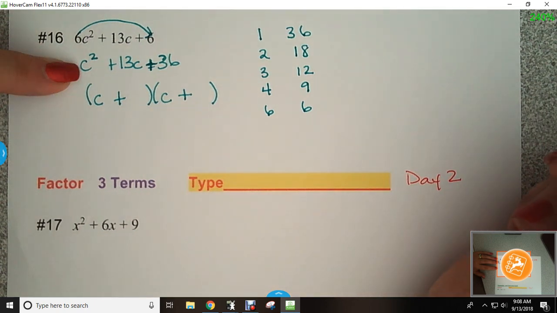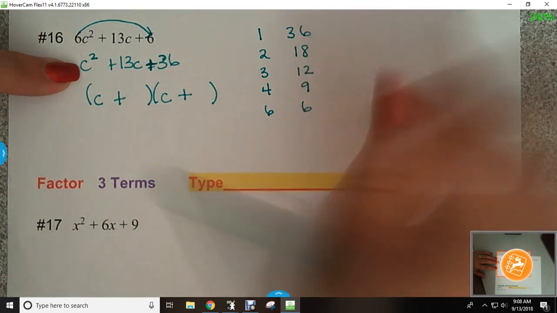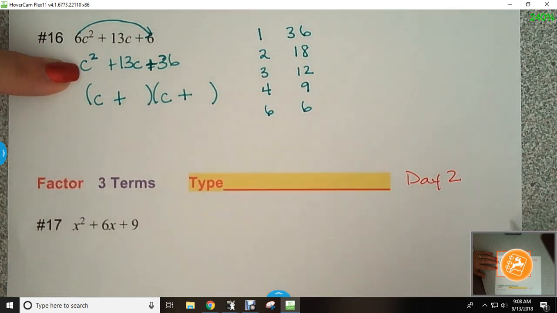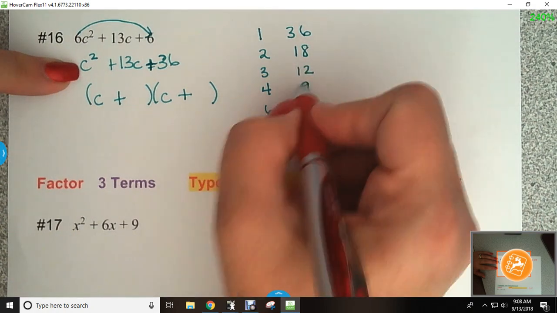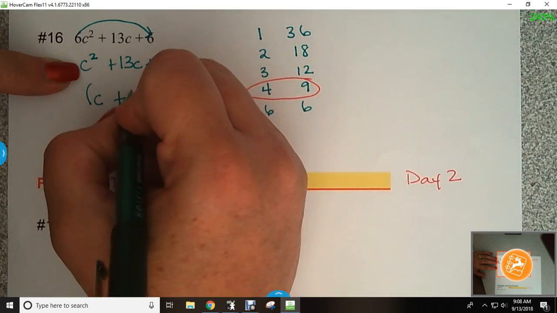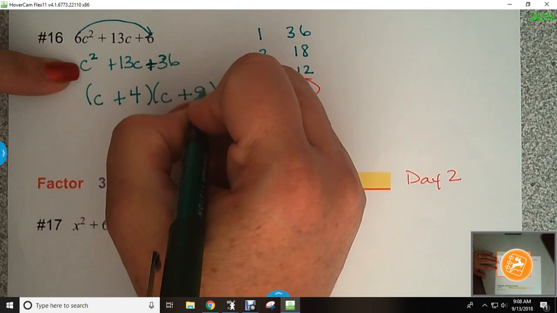After that, they all start to repeat. Because I'm putting a positive in each parenthesis, all of these are positive. Which pair of those will add to be 13? Well, that's this pair. So I'm going to have c plus 4 and c plus 9.